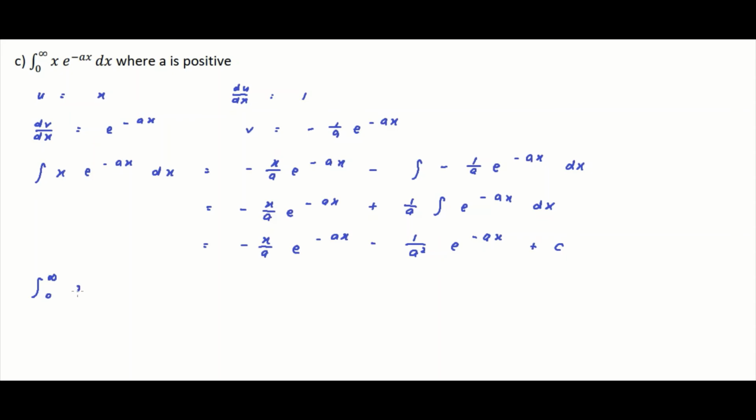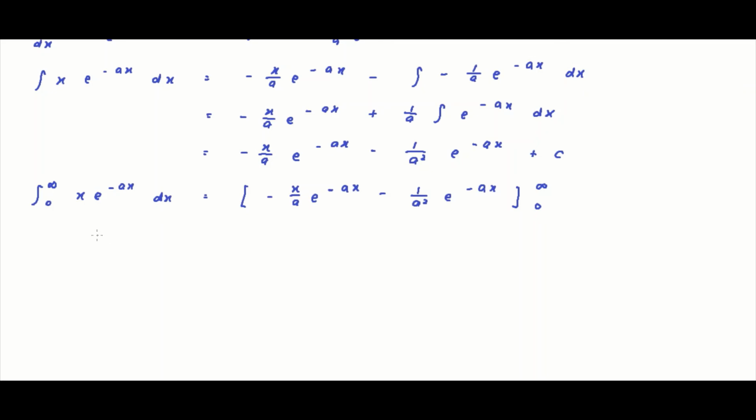0 to infinity x e negative ax dx equals to... Okay, so now you need to imagine that when you try to substitute 0 and infinity inside, what do you get? Normally for the infinity part, of course, we are not going to substitute exactly the infinity there. So we need to think of what will happen when your x approaches infinity.